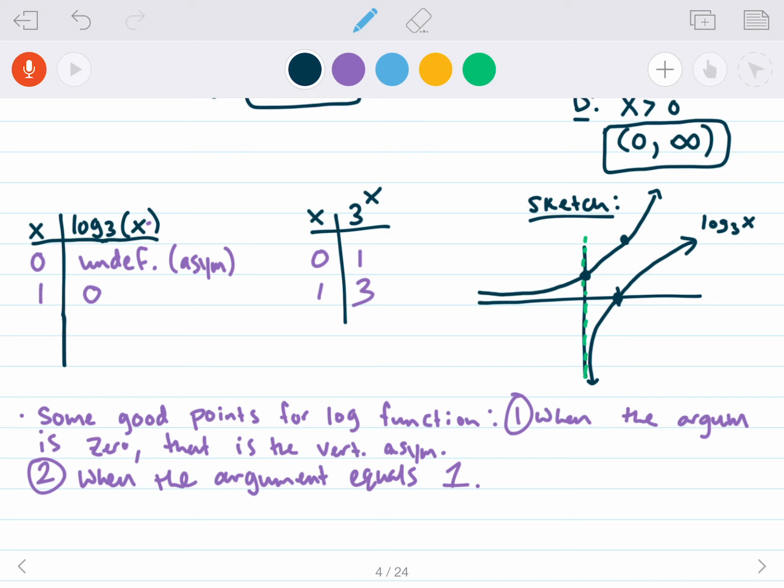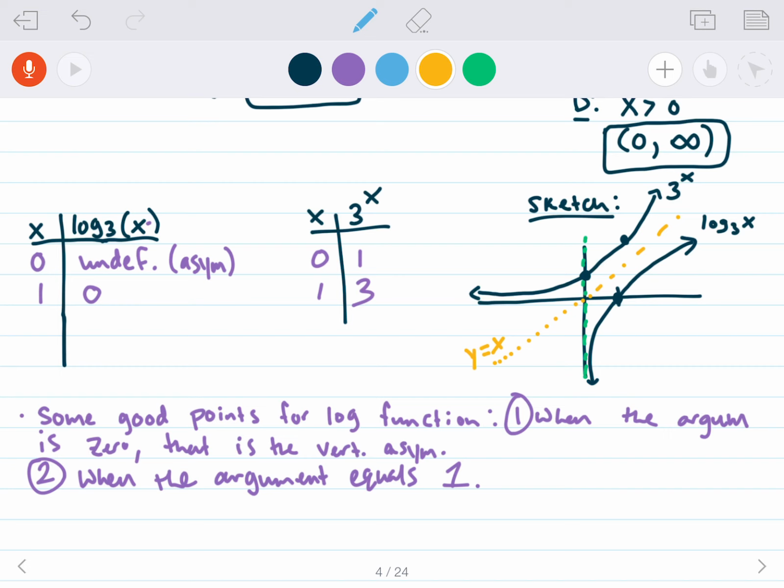So it's going to go something like that. This thing is never going to reach 0. And we can see from my poorly drawn picture that we have mirror images of each other across the line y equals x. So that's a little rough sketch of our picture here.